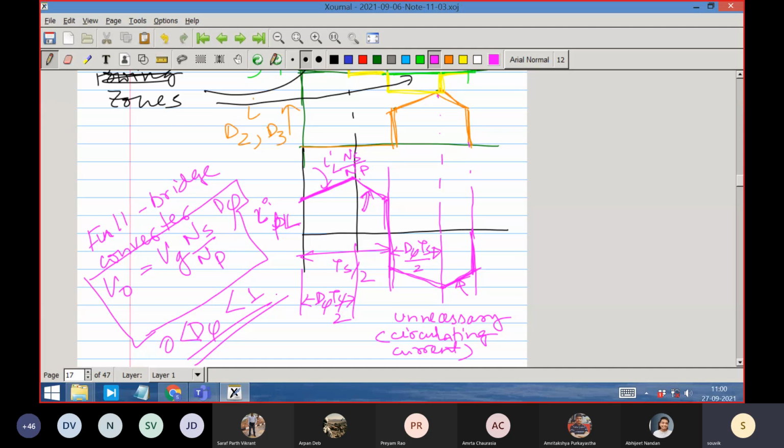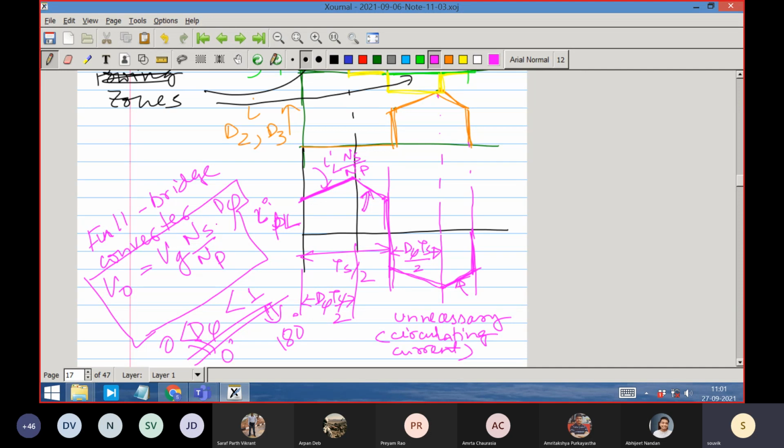When d phi is 0, the phase shift between primary pulses is equal to 0 degree. So the output voltage will be Vg into Np by Ns into d phi. That is how it is.